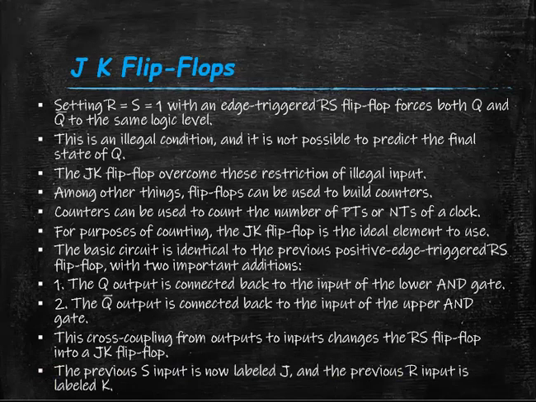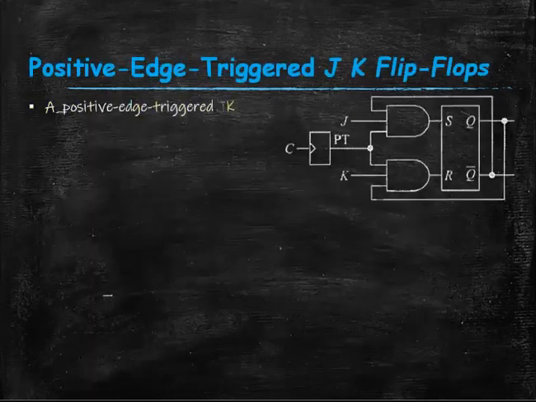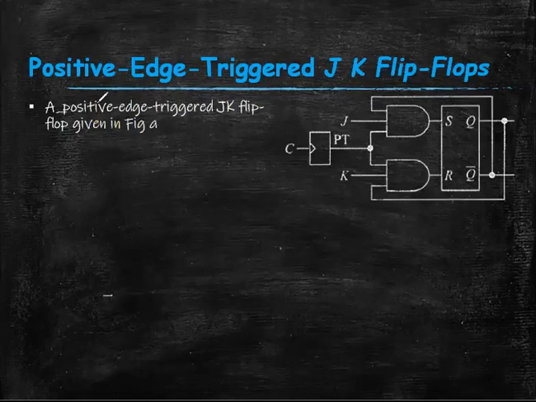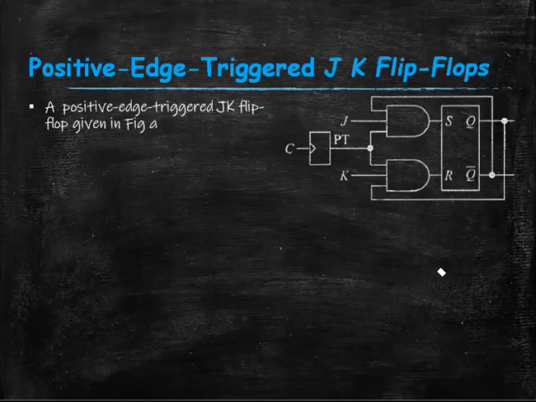And the inputs are labeled as J and K. S is labeled as J and R is labeled as K. It is the diagram. Here look at the diagram.